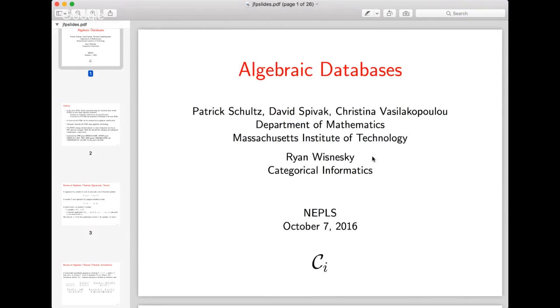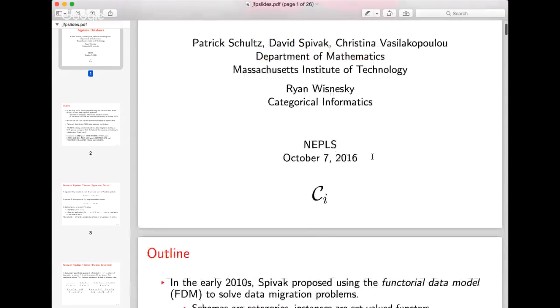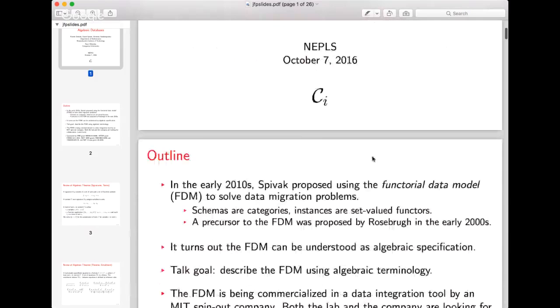This is a talk that's meant to describe some of the content in the algebraic databases paper and in the equational formalism paper, which you can find on the categorical data website. These are slides that I'll be giving in a little while, and also that I gave at a workshop for algebraic specification.